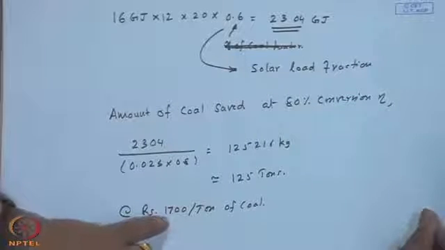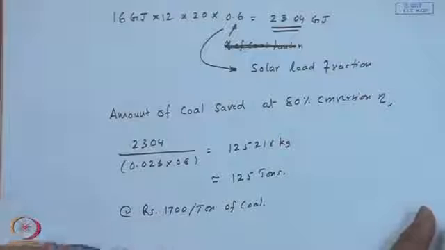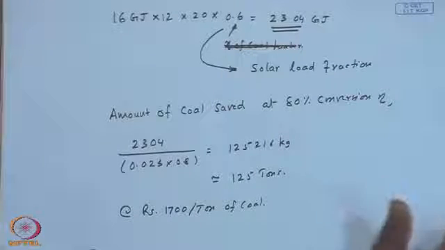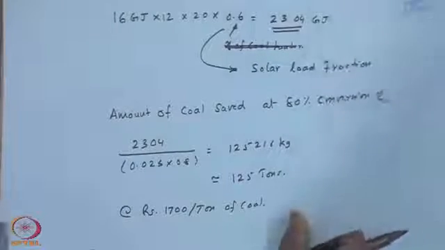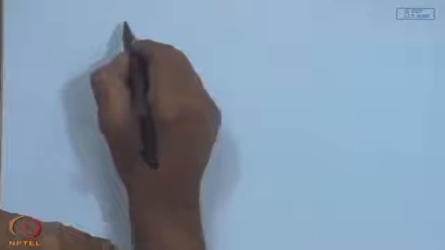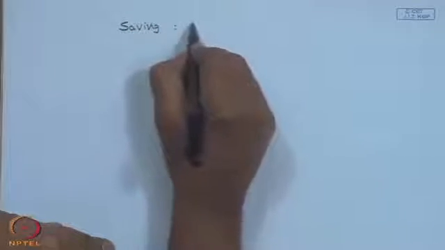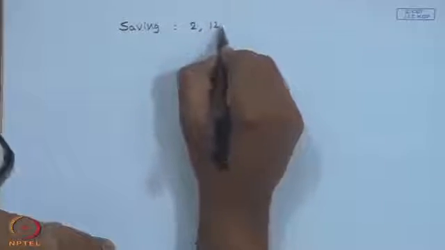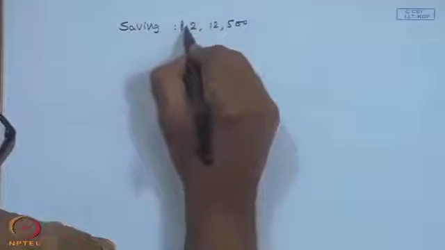So, this I have taken, and the grade of the coal required for water heating may be lower than the grade they are talking about. Consequently, these two may nullify each other, but I am taking about 2 rupees per kg, which comes to 1700 per ton of coal. So, the saving will be 125 tons, 2,12,500 Rs.